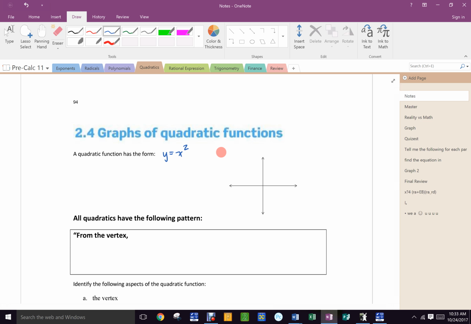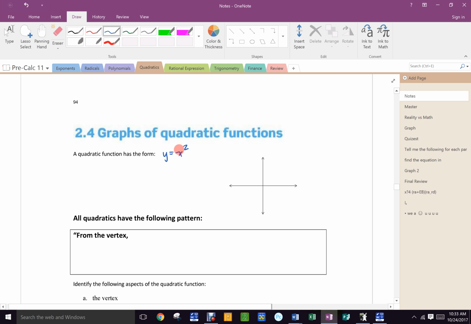It will make it wider, narrower, or upside down, or move it all over. Is everybody cool? So, that means if every single parabola in the whole world, the whole universe, follows this pattern, except it's changed from this pattern, then if we understand this guy, we should be okay, yes? So let's graph this guy.